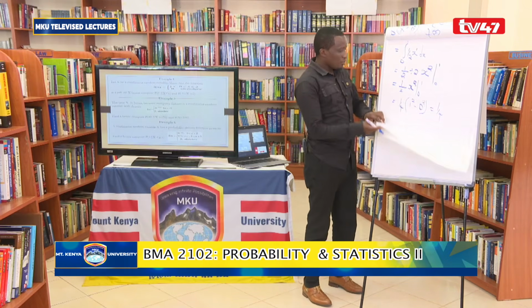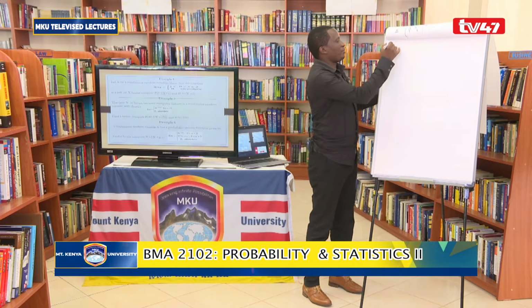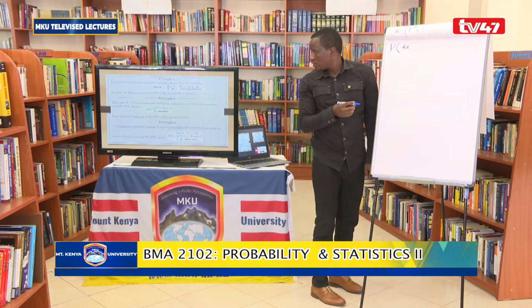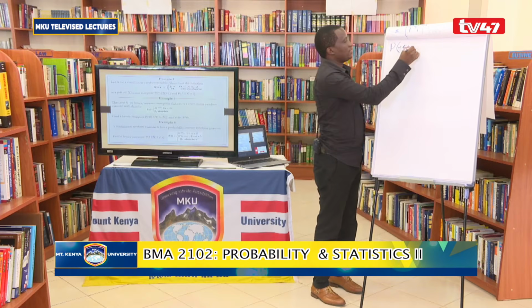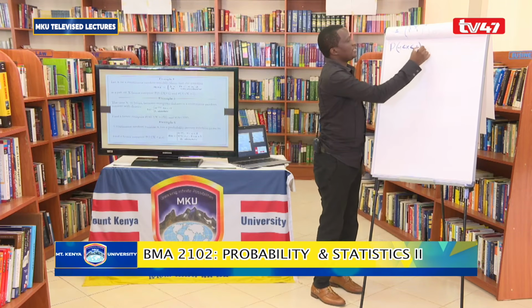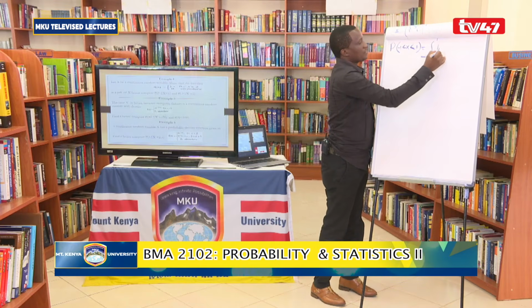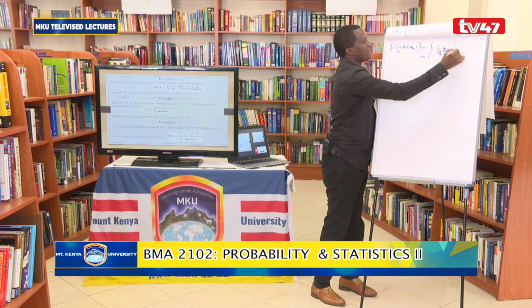Now, in the other question, we are told to get the probability that x is in the interval negative 1 and 1. This means we integrate from negative 1 to 1 of f of x, which is a half of x, with respect to x.